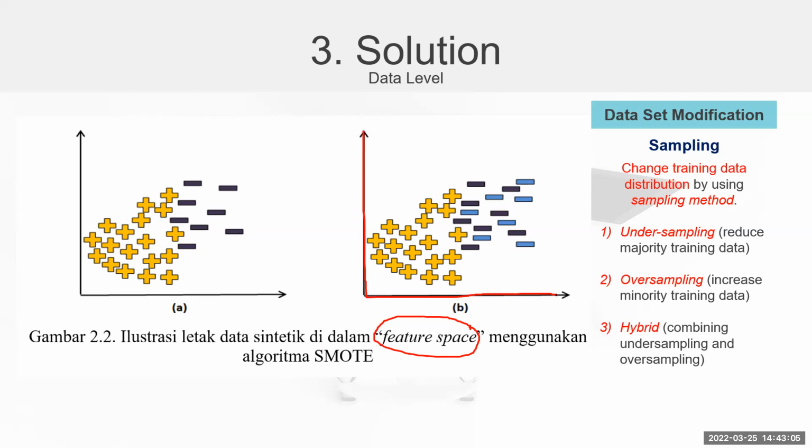In this case it is only two dimensions, so the data is visualized in two dimensions, and SMOTE explores the feature space. How does SMOTE make the synthetic data? The concept is, I think, simple.